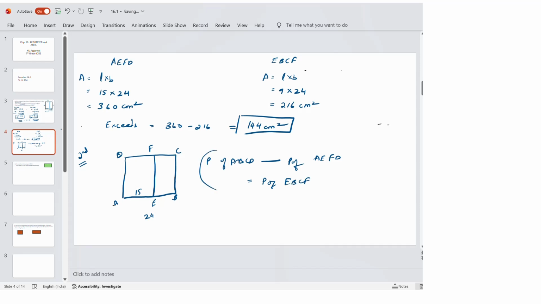That is one more method. You can try doing it on your own. You will come up with the same answer.